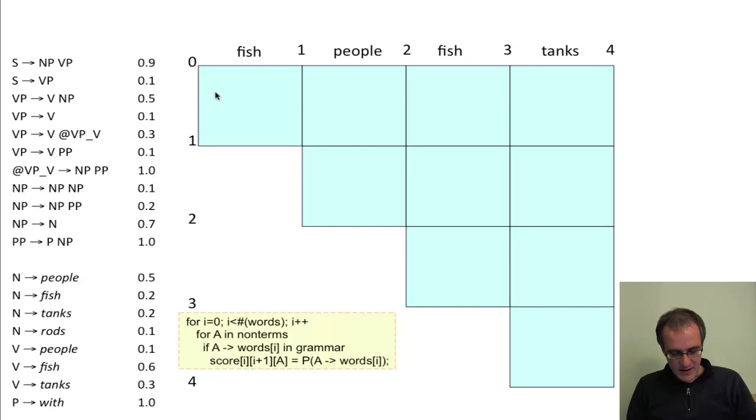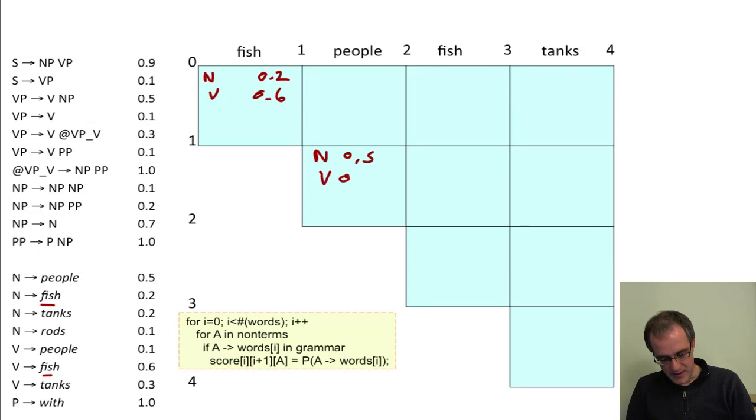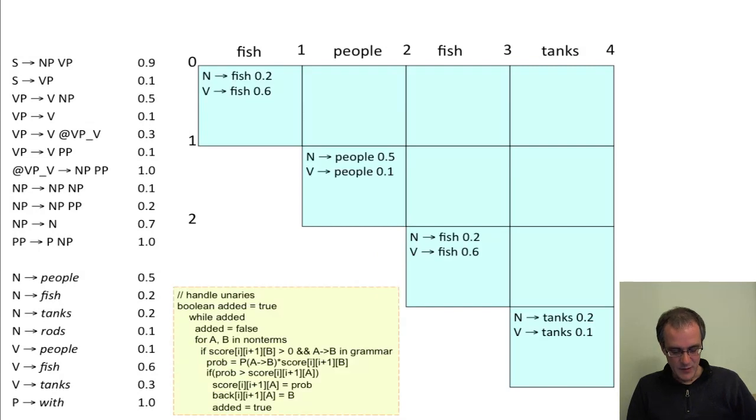So we start with the cell here, and we say, okay, the word fish, that can be a noun or a verb, and so we put in that we can make a noun from fish with probability 0.2, and we can make a verb from fish with probability 0.6. And then we keep on doing this for all the other cells along the diagonal. So people can be a noun with probability 0.5, and people can be a verb with probability 0.1. And we keep on going. And this is what we get.